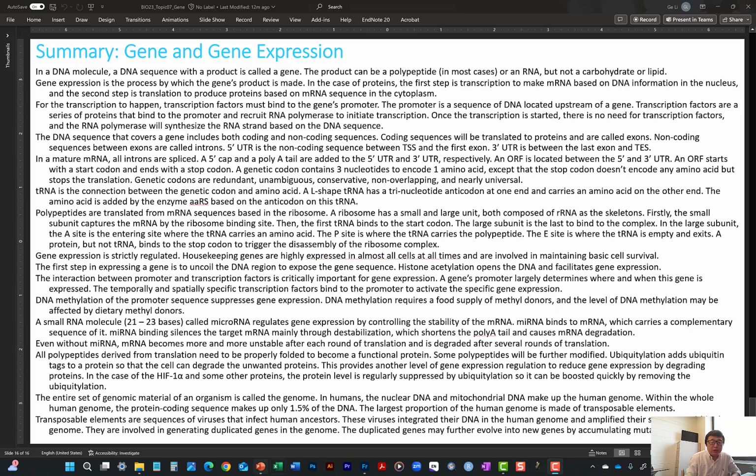A gene is, say, a DNA sequence, but not every DNA sequence. A DNA sequence with a product. In the cases, what kind of product can it be?